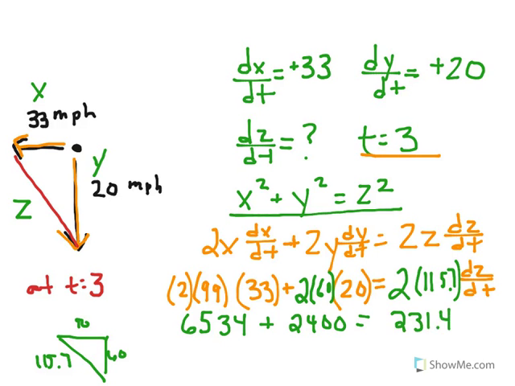And I'm going to add together 6534 plus 2400, and then we divide that by 231.4, and I will get the answer dz/dt to be 38.6.